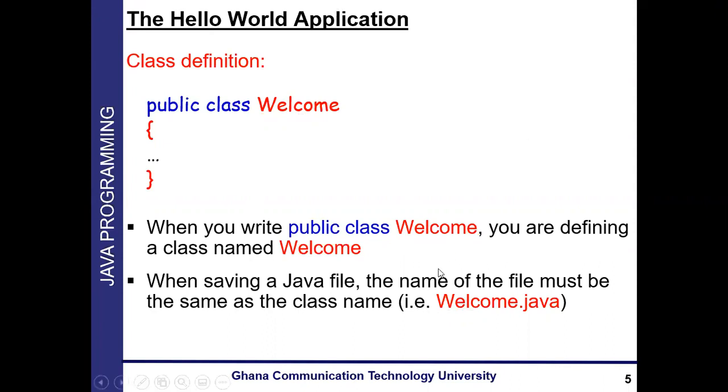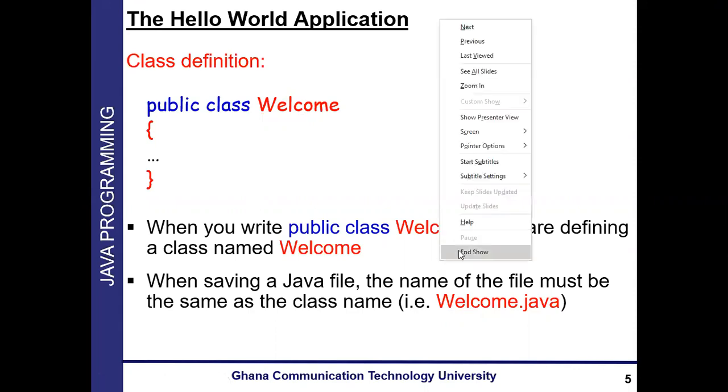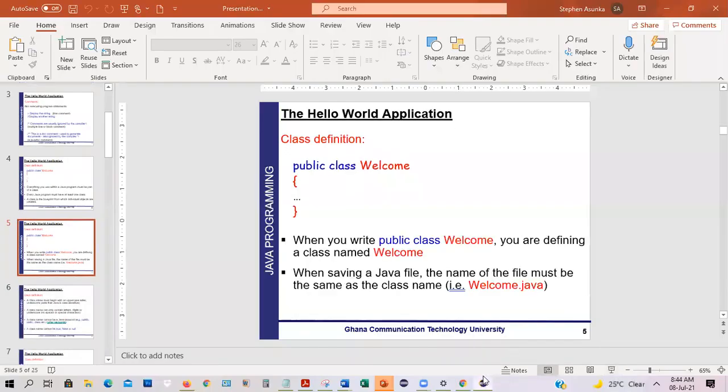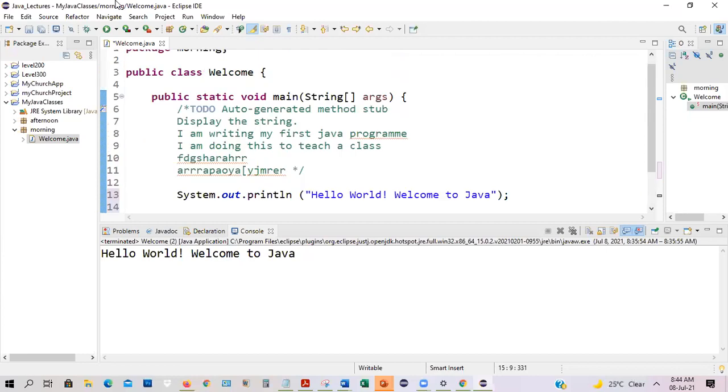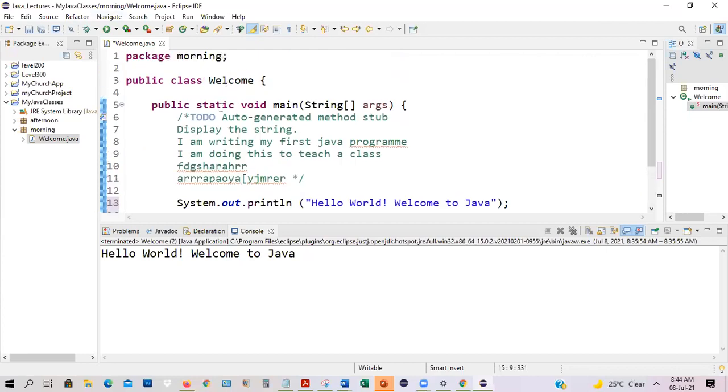So when you ask it to run, it's going to go to your file, and then it's going to look for the class. And the file name must be exactly the same, so welcome is saved as welcome.java.